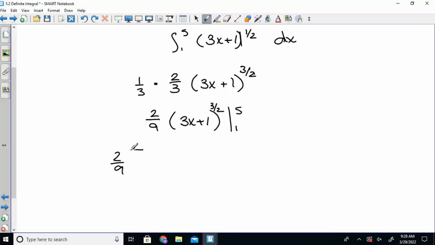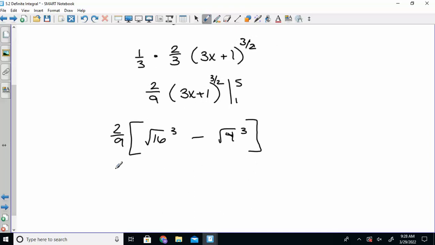So the 2/9, we can just bring that down. 3/2 just means like a square root cubed. So if you put in a 5, you get 16. If you put in a 1, you get 4. I'm trying to work these out without relying on my calculator to help you guys practice some of that stuff.